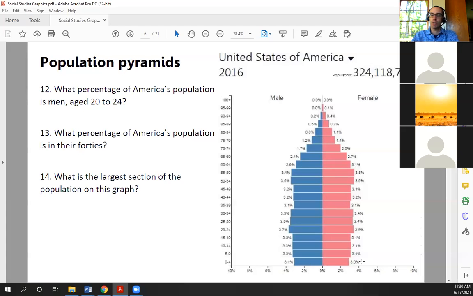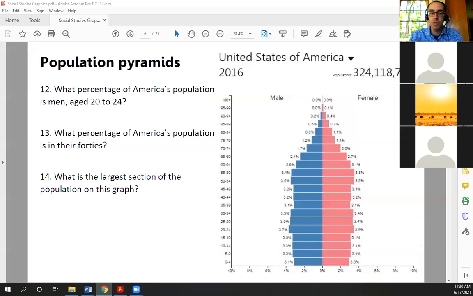Who can put it into words? The male and female, it's balanced. It's like a pyramid. Yeah, I think in here I can see the male and the female is balanced, almost the same rate.